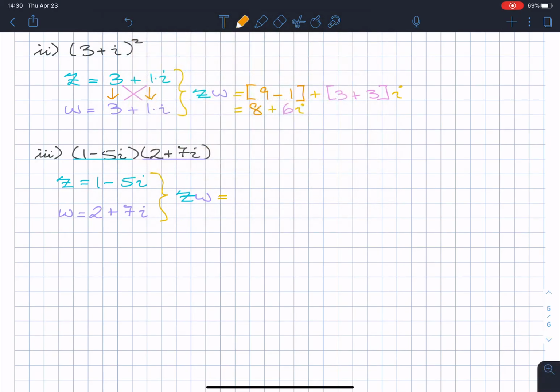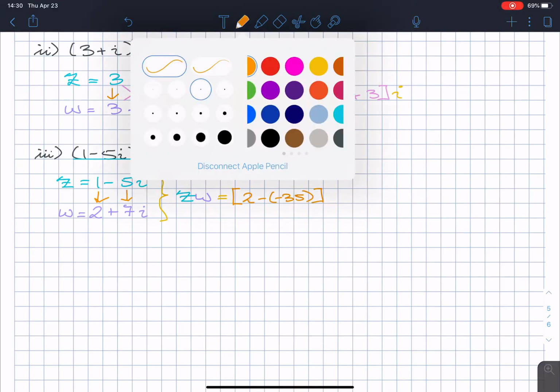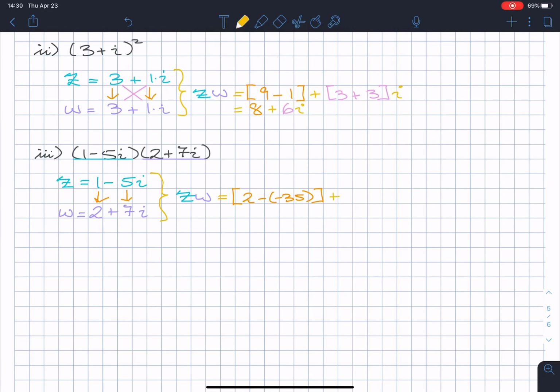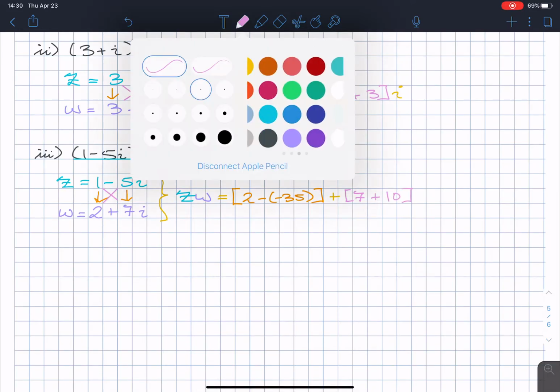orange for the real part. So 2 minus negative 35, to which I'm adding the imaginary part, which should be 7 plus 10, times i.